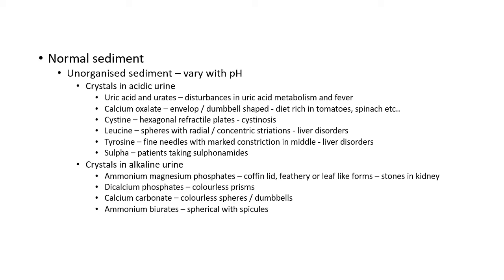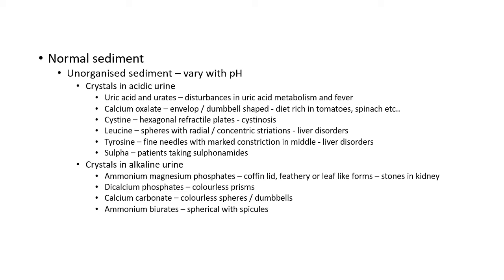Amorphous urates appear as red granules and uric acid crystals vary in shape and are yellow-brown in color. Calcium oxalate crystals are seen in diet rich in tomatoes and spinach. They are envelope or dumbbell shaped. Cystine crystals are hexagonal refractile plates and they are seen in cystinosis.